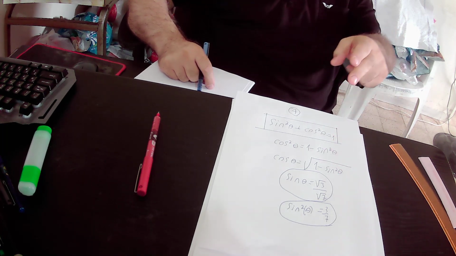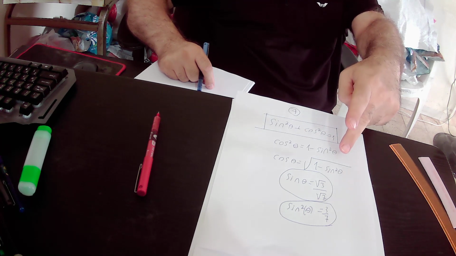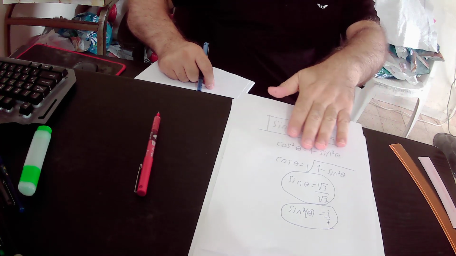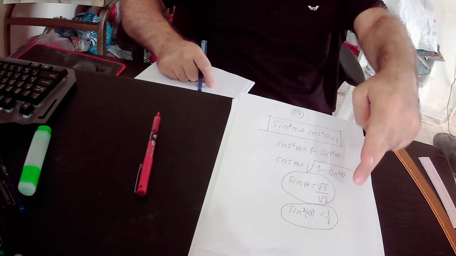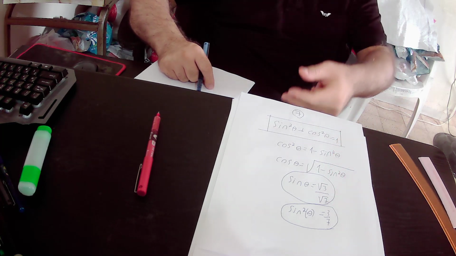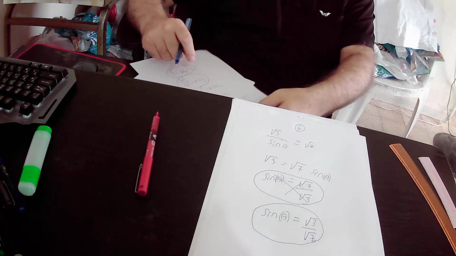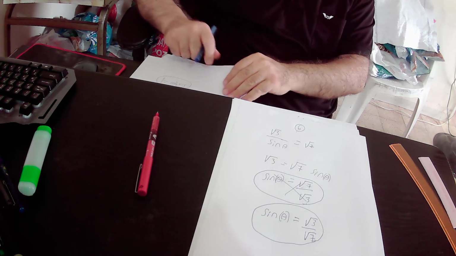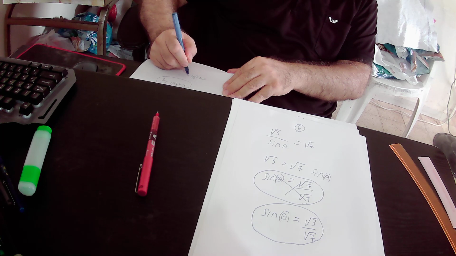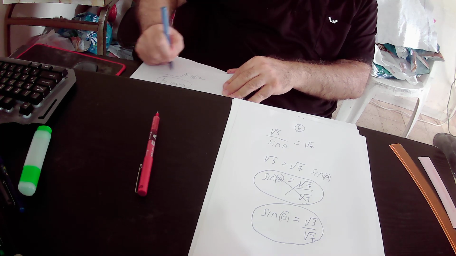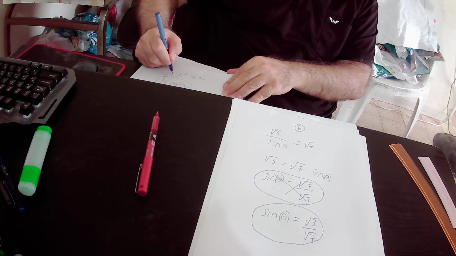So actually we can substitute sine theta squared in this equality by 3 over 7. So we will get that the value of cosine theta equals the root of 1 minus 3 over 7.